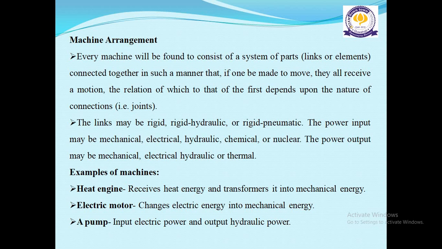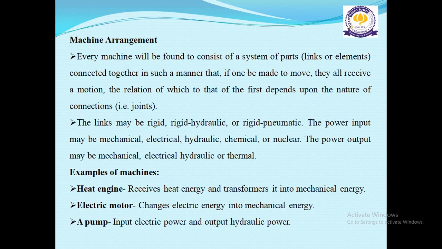Next, machine arrangement. Every machine will be found to consist of a system of parts, that is links or elements. As I have already told, links and elements will be discussed in the coming lectures. They are connected together in such a manner that if one is made to move, they all receive a motion, the relation of which to that of the first depends upon the nature of connection, that is, the joint.